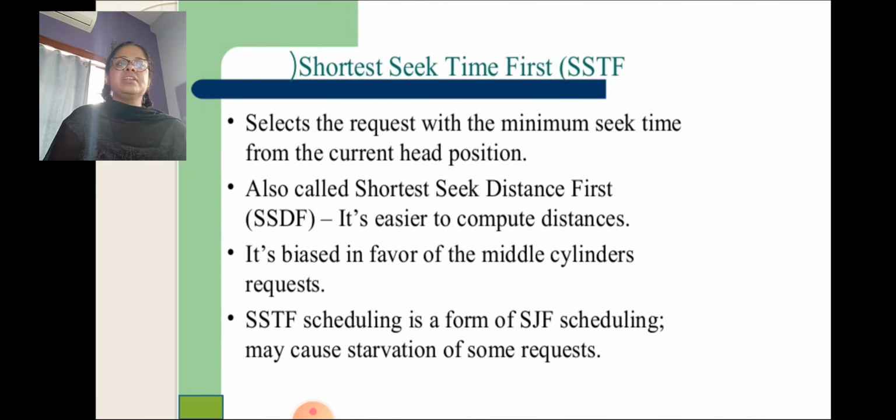Once we are at cylinder 65, the next closest request is at cylinder 67. From there, the request at cylinder 37 is closer than the one at 98, so 37 is served next. Continuing, we service the request at cylinder 14, then 98, 122, 124, and finally 183.